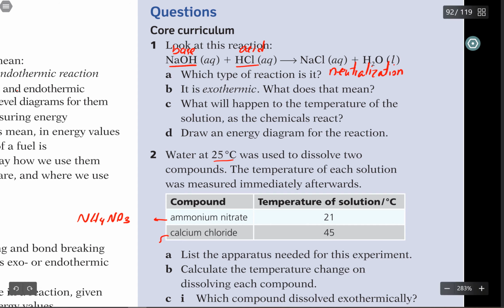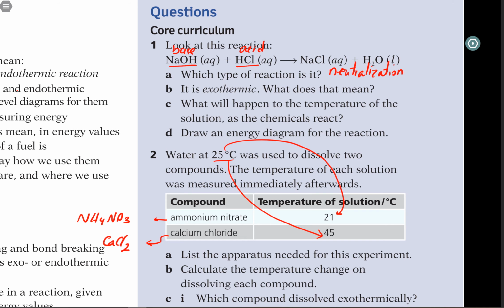And the other one was calcium chloride, CaCl2. After mixing these two compounds with the water, in the beaker to which the ammonium nitrate was added, the temperature changed from 25 to 21, and in the beaker to which calcium chloride was added, the temperature changed from 25 to 45.